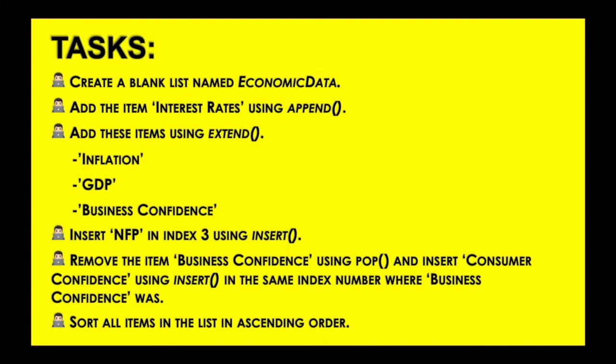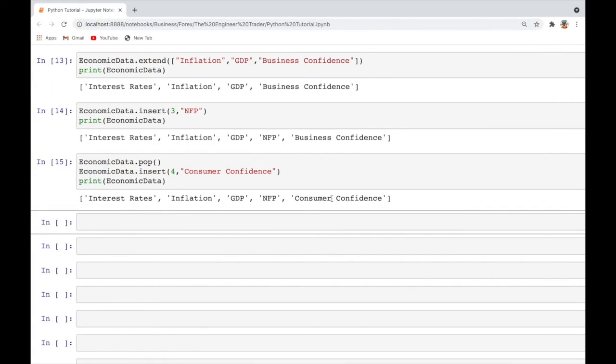So let's go to our Jupyter notebook and let's sort all the items inside the list in ascending order. So let's write here economic data dot sort and open and close parentheses. I hope you still remember the syntax of using sort. That is basically reverse equals false. So false here means to sort the items inside the list in ascending order.